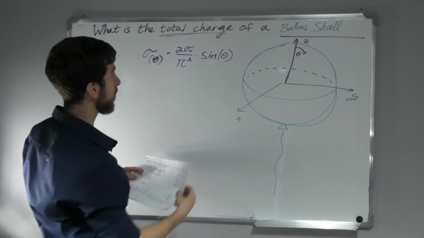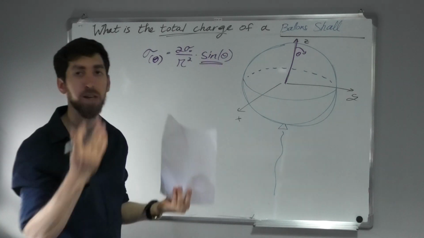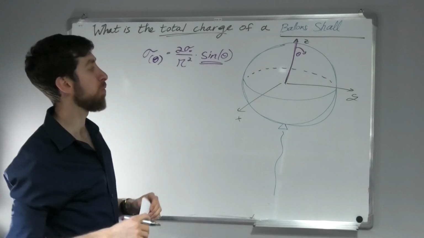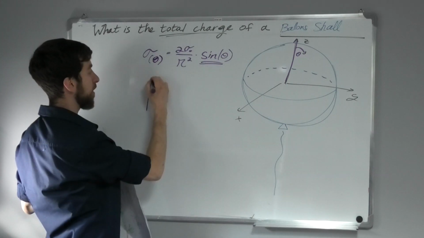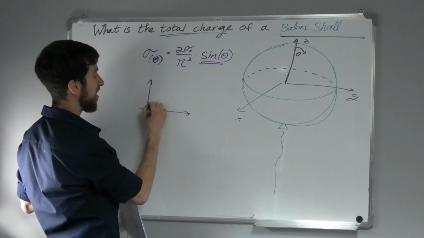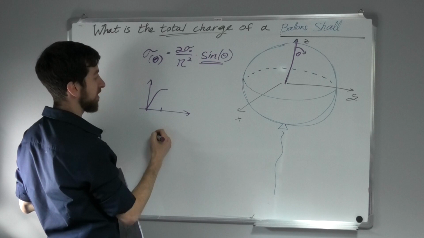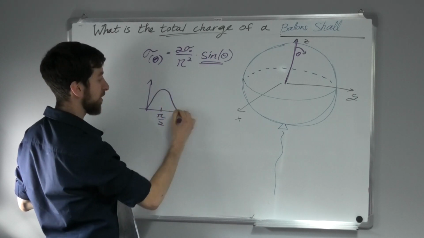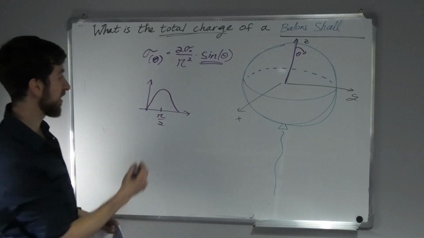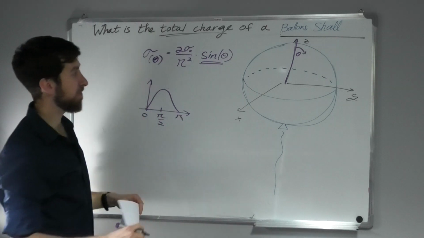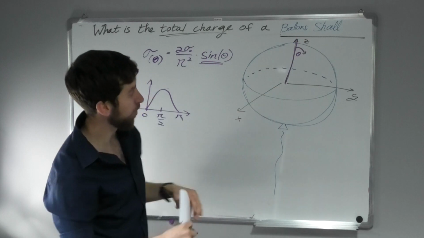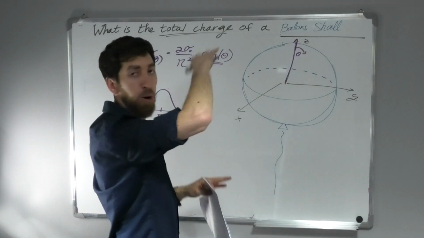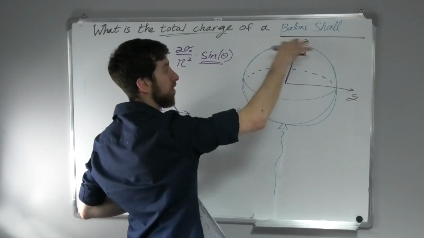So what we know about sine theta, just to think about how the charge is distributed on this shell: sine is the one that starts with nothing and becomes the biggest at pi over 2. And then remember where it started, 0 to pi. So if I look at this angle, at the beginning you have nothing, there's no charge in the top part of the sphere, on this pole, right?